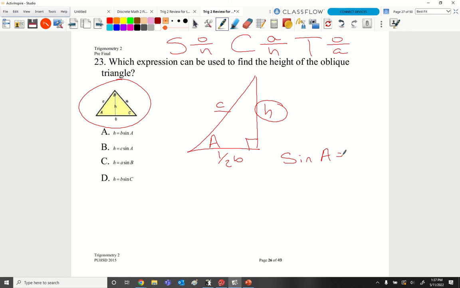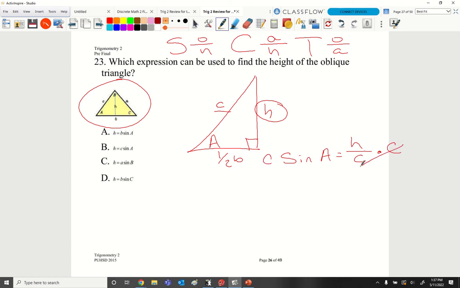What was my opposite value here? H over C. But what are we trying to get by itself? We're trying to get the H by itself. So what am I going to do to the C? Multiply both sides of the equation by C. So it's just like algebra.